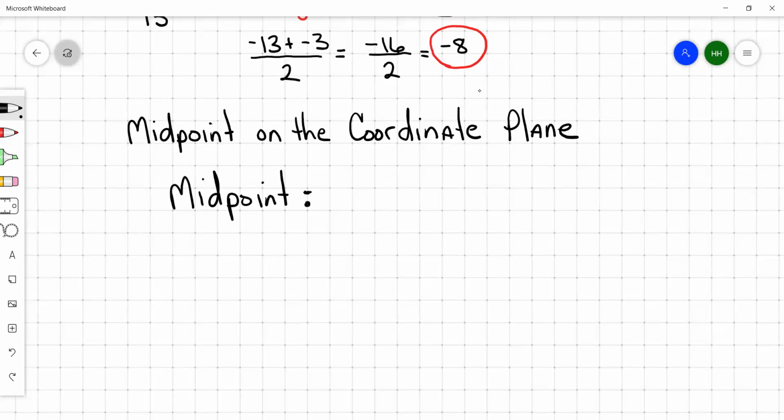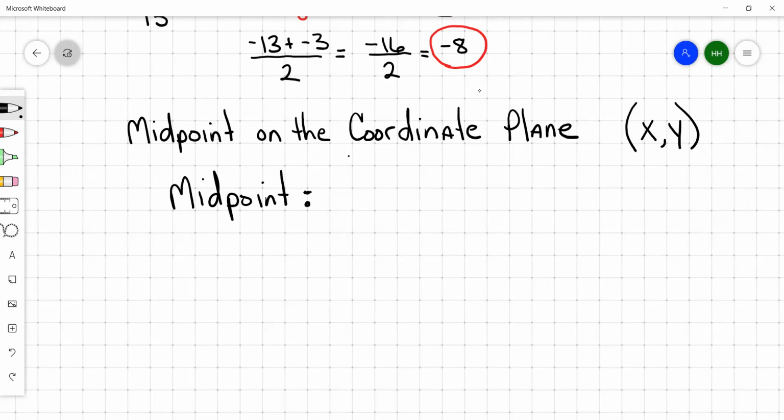When you're finding the midpoint on a coordinate plane, your point has an x and a y value. You've got 2 points with x, y values and you have to find the middle. So the midpoint is going to have an x and a y value.